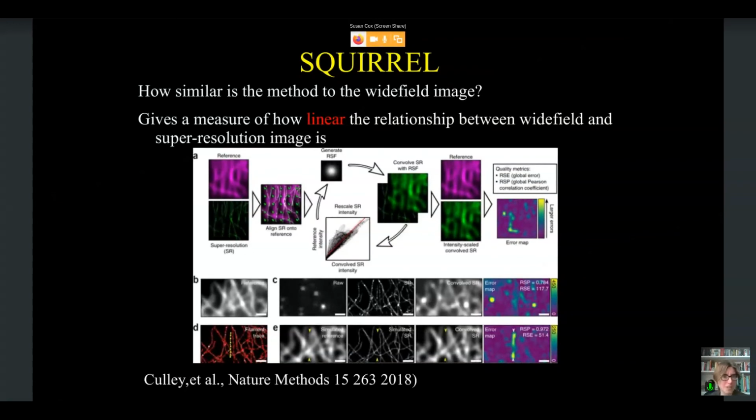So what SQUIRREL does is it asks, how similar is the localization image that I got to the wide field image?